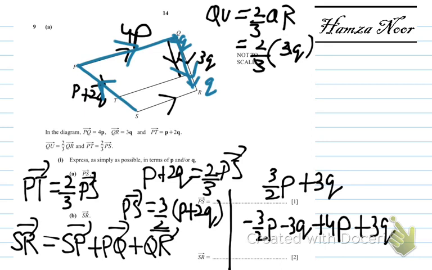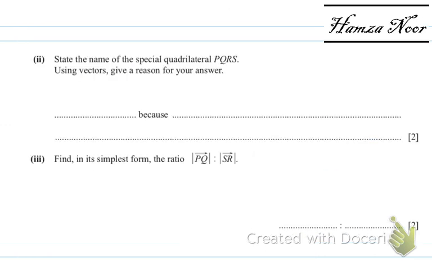So 3q and minus 3q get cancelled out. Therefore your final answer is minus 3 over 2 p plus 4p, and 4 minus 3 over 2, 4 minus 1.5, this will be 2.5, and you can write it in fractions, 5 over 2 p. As simple as that.